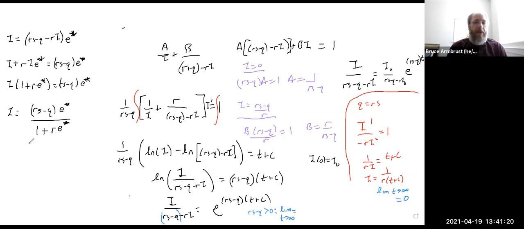I'm going to divide everything by the e to the stuff. I get RS minus Q over e to the negative stuff plus R. Okay, so now let's look at the two cases.